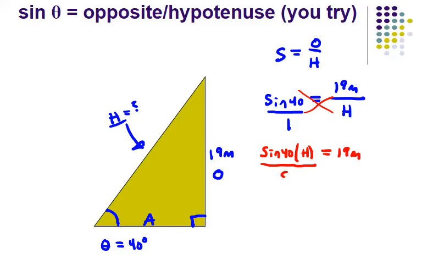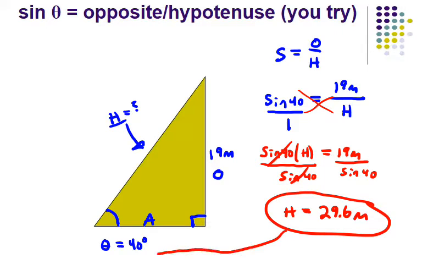And we can divide both sides by the sine of 40. So the hypotenuse will be equal to 19 divided by the sine of 40. And we get 29.55, so 29.6 meters. That makes sense because the hypotenuse should be the longest, and it is longer than the 19 meters opposite side.